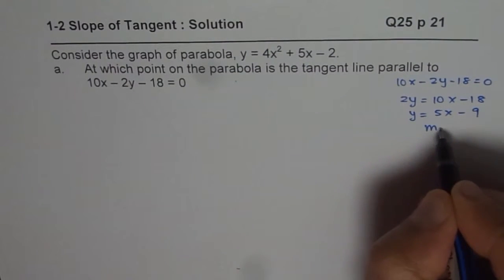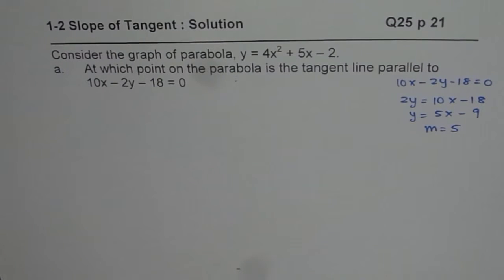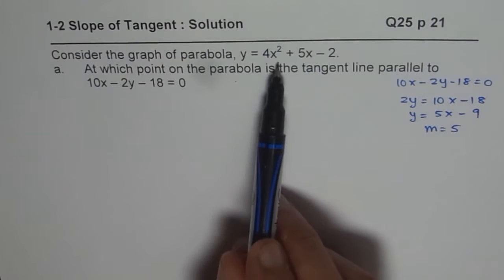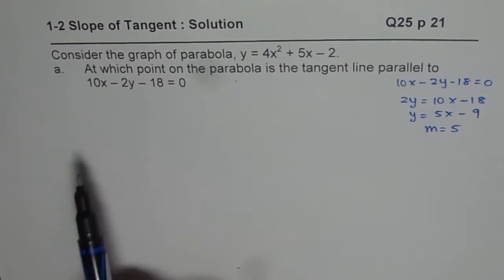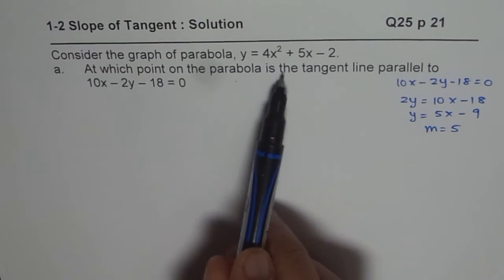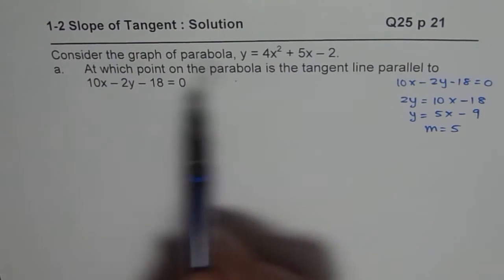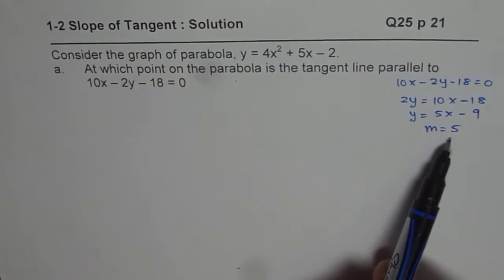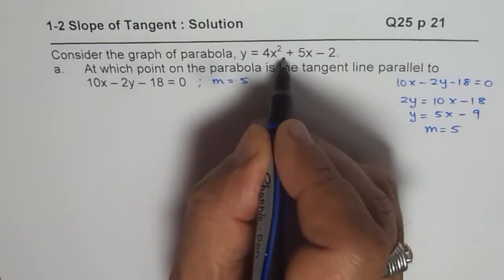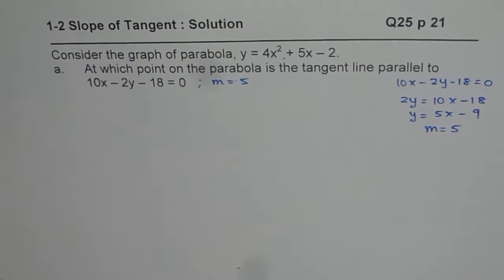So we are looking for a slope of 5. So now the question is, consider the graph of the parabola y equals 4x squared plus 5x minus 2, at which point on this parabola is the tangent line parallel to this, meaning it has the slope of 5. So we are looking for slope m equals 5 at a point on this parabola. So that is the whole question.